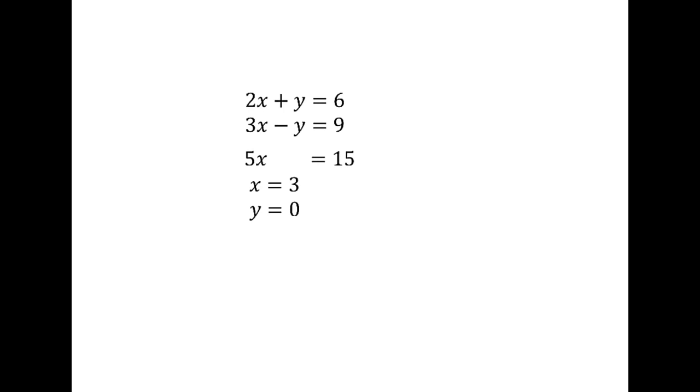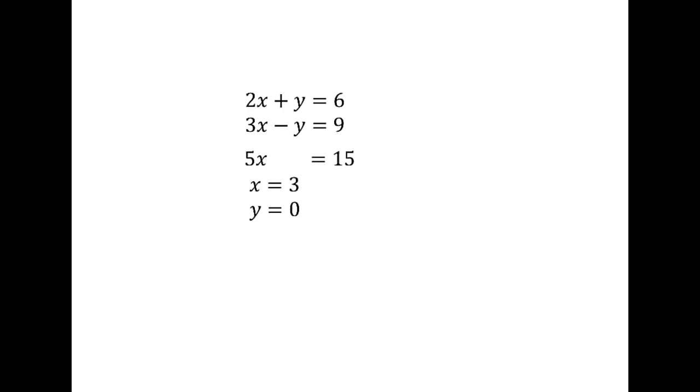That means if you add them, they become 0. So when we add the two equations, 2x in the first one and 3x in the second, we get 5x, and 1y and negative 1y, if you add them you get 0. That's why you have the space there. 6 plus 9, you get 15. So the result we have is 5x equals 15.